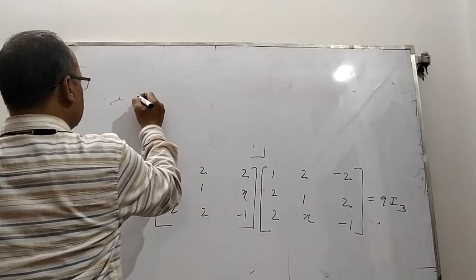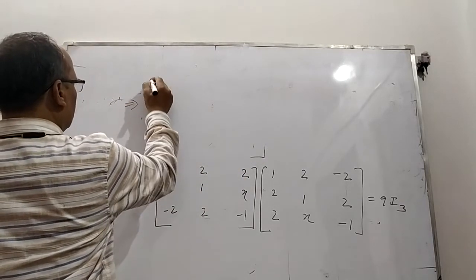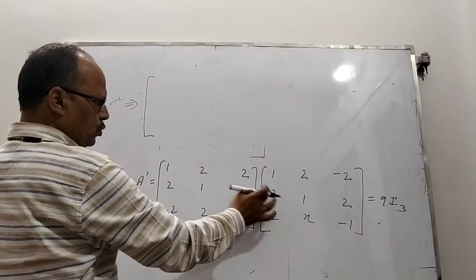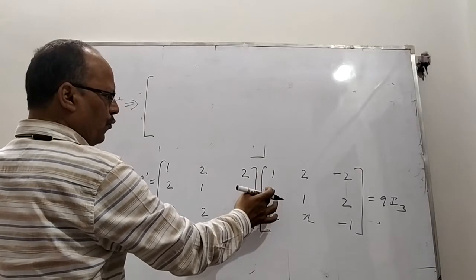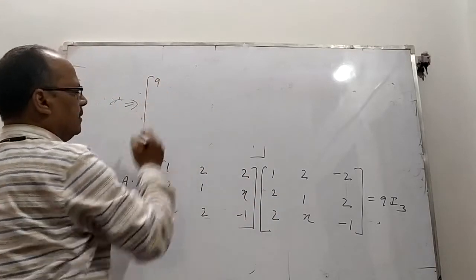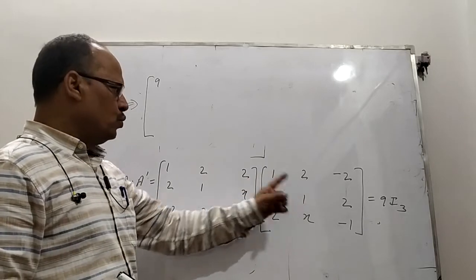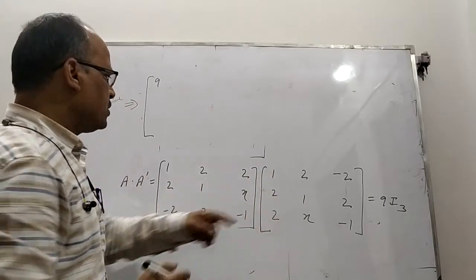To multiply this: 2 into 4, 4, 4, 8 plus 1, 9. 1 into 2, 2, 2 into 1, 2, 2 into 4, 4 plus 2x.